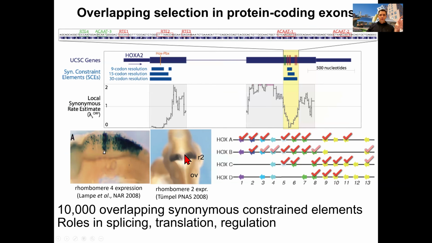You can also go a step further and basically study not just protein coding constraint and protein level constraint, but you can use this to distinguish additional constraints for non-coding regions on top of the coding regions. So you can measure separately the protein coding constraint and the synonymous constraint.